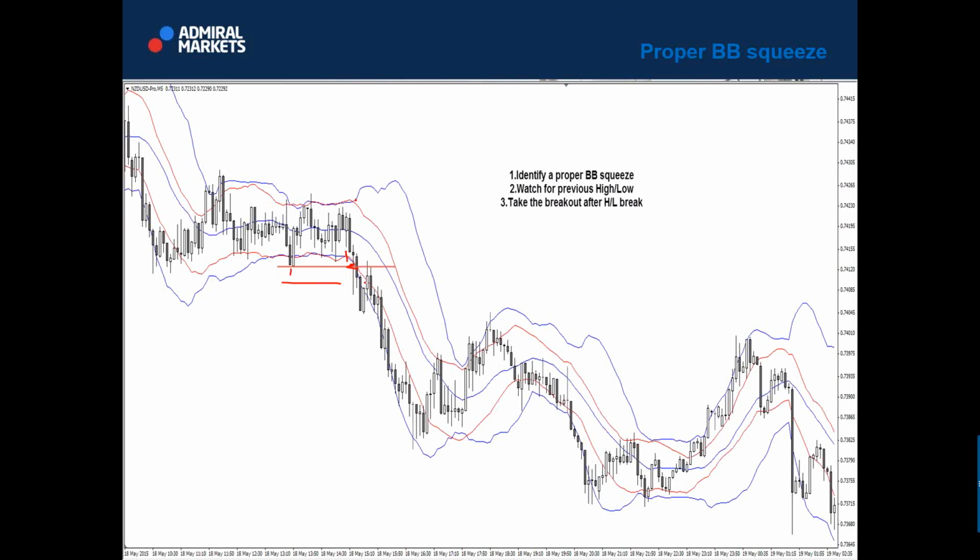That is important for you if you want to trade price action, but also it can be important for you if you trade Bollinger Bands based systems.